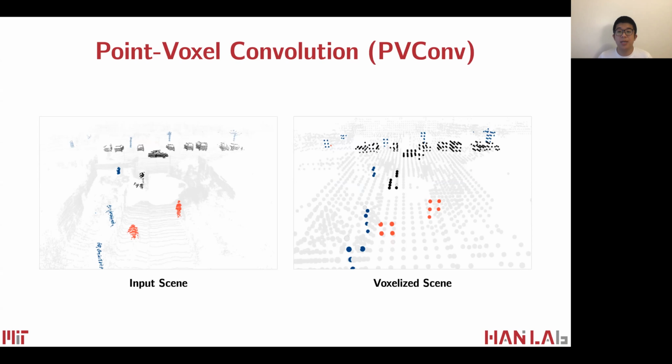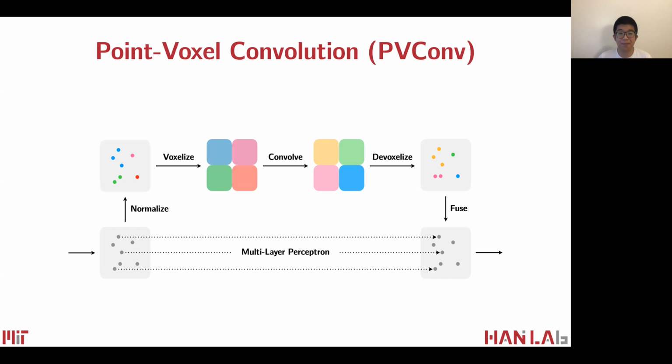But this is not sufficient for large-scale outdoor scenes. In such cases, some small objects will only occupy very few points. From the right figure, we can see that the pedestrian here only occupies about 4 to 5 points in the voxelized scenes, which is not enough for the model to extract very useful features.